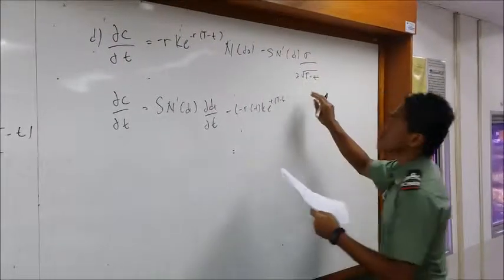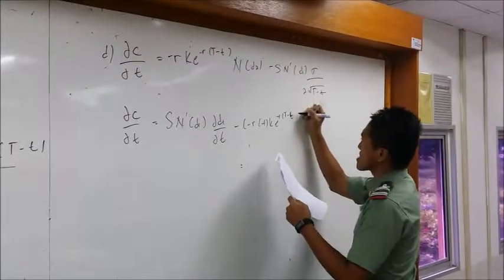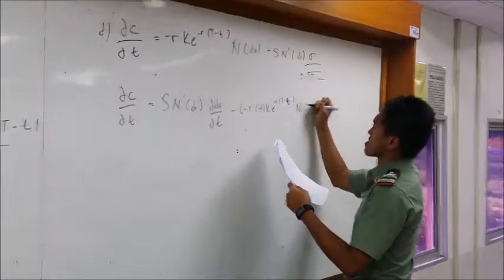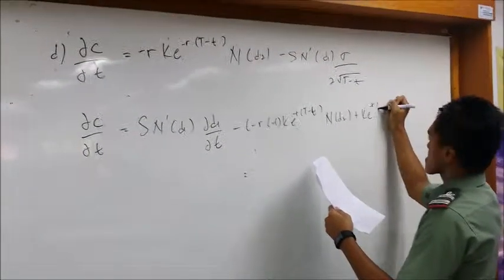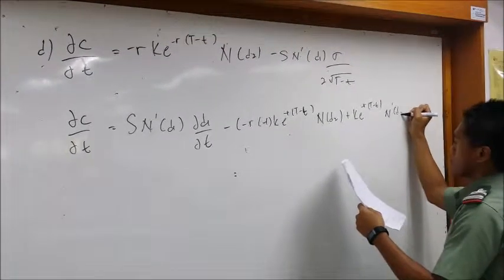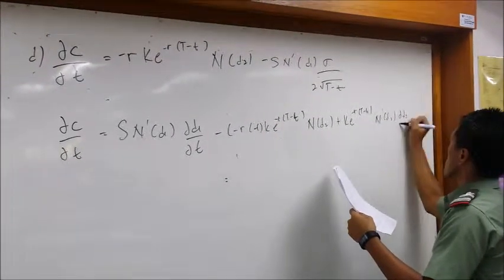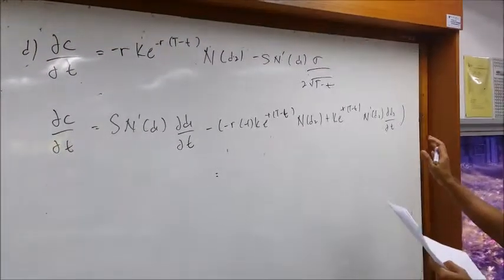We use the product rule to differentiate this because there is t and N′(d2). So we get K e^(−r(T−t)) N′(d2) ∂d2/∂t. Okay, we get this function.